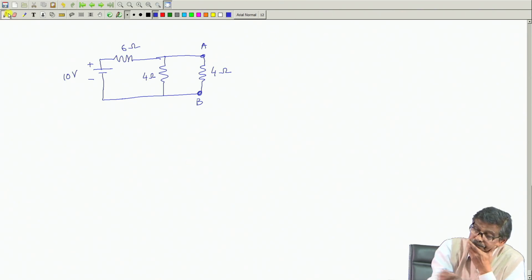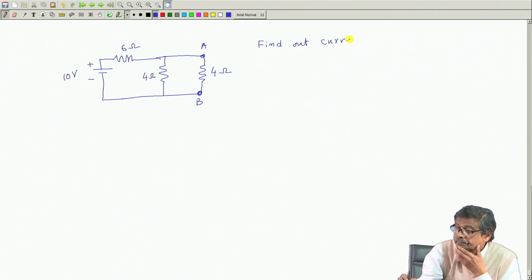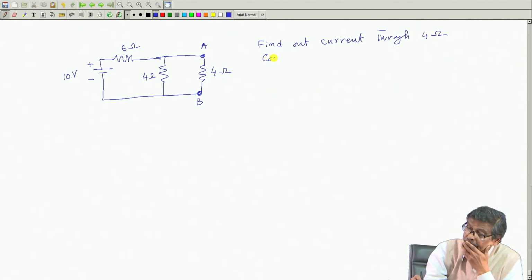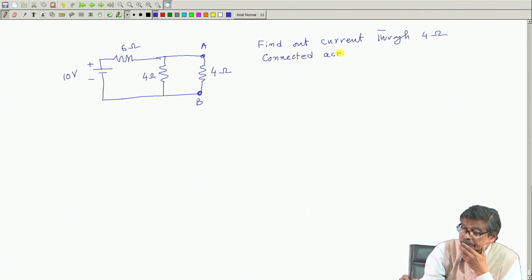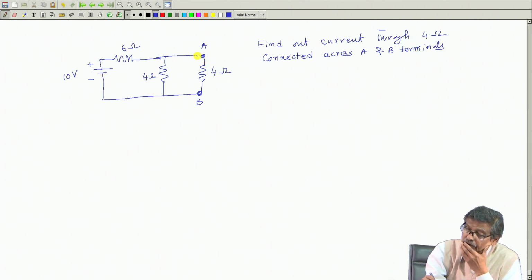Find out the current through the 4 ohm connected across the A and B terminals. That is, this resistance, I want to know what the current is.